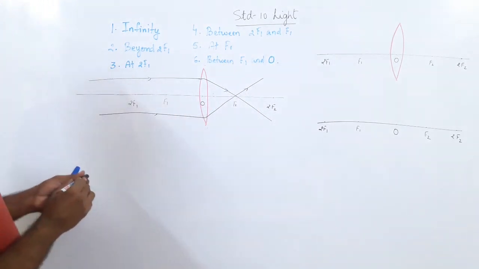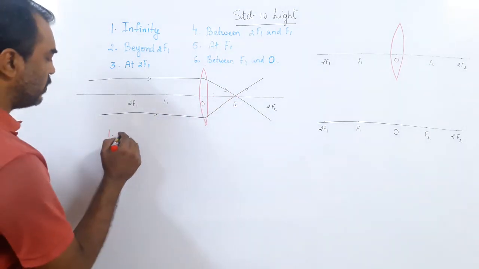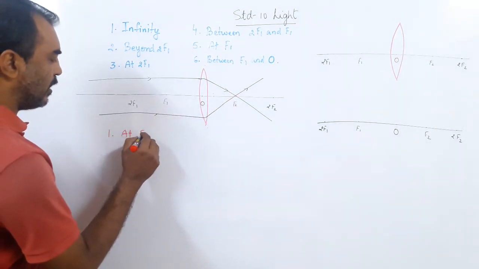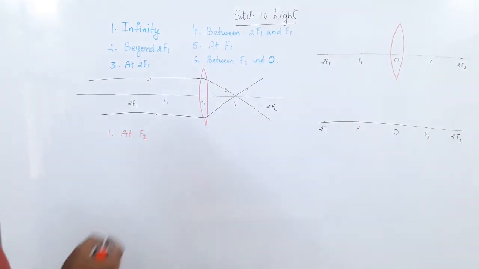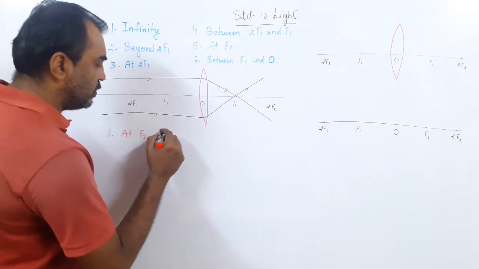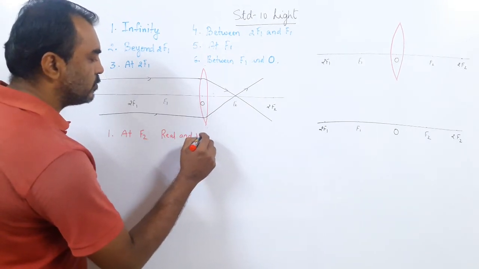Okay? So in case number 1, where is the image formed? At f2. The image is formed at f2. So lines are actually meeting here. So it will be real and inverted.